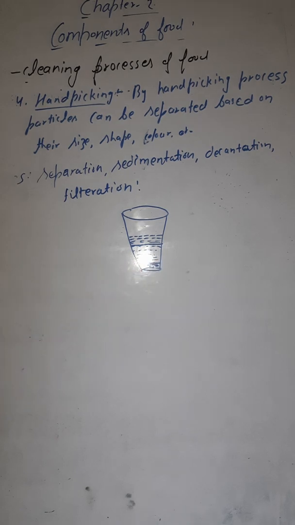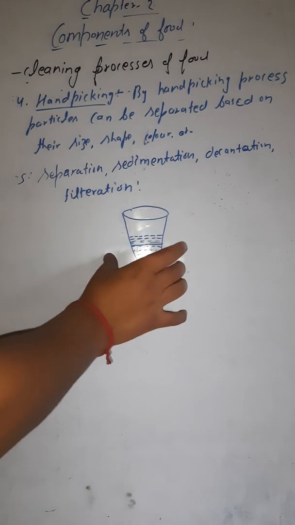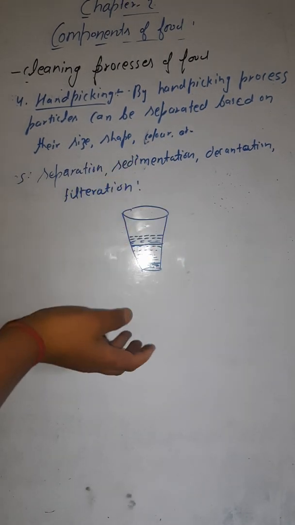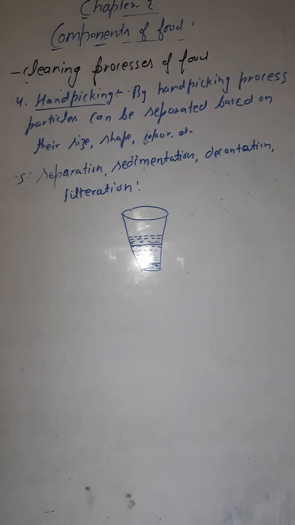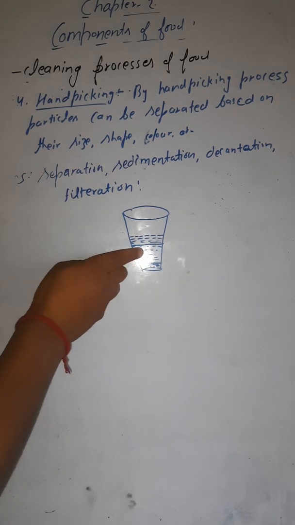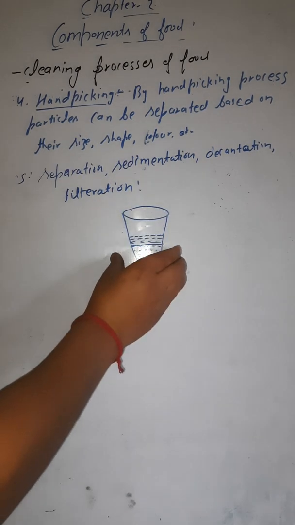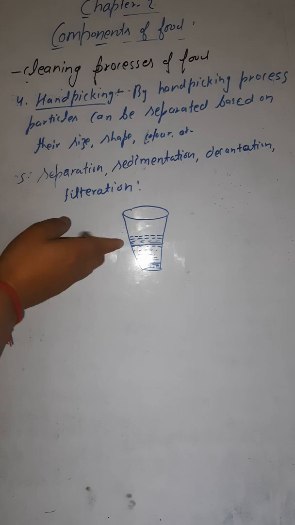Now when I keep this glass, this tumbler here, and these sand particles are slowly in this water, it means this water is not pure, rather this water is having some sand particles. So when I keep this glass here, what will happen?